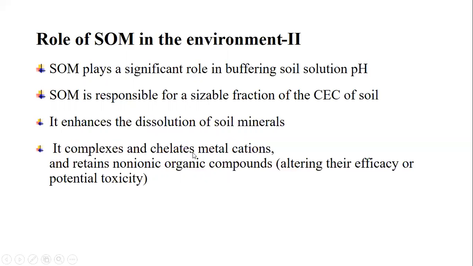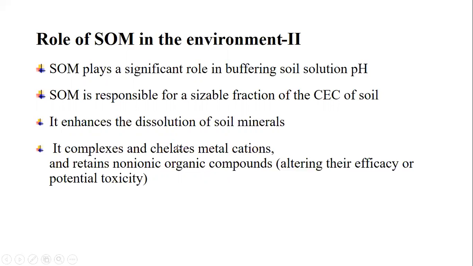It complexes and chelates metal cations and retains non-ionic organic compounds, altering their efficacy or potential toxicity. So it complexes and chelates. Chelates, if you have heard about them before, are complexes between metal ions and organic compounds that form a ring structure.